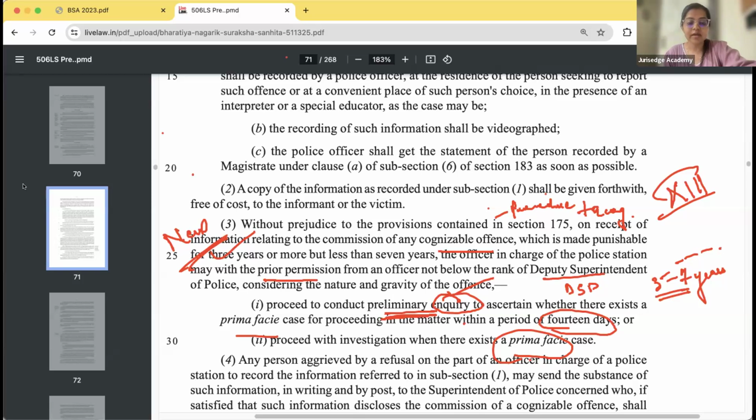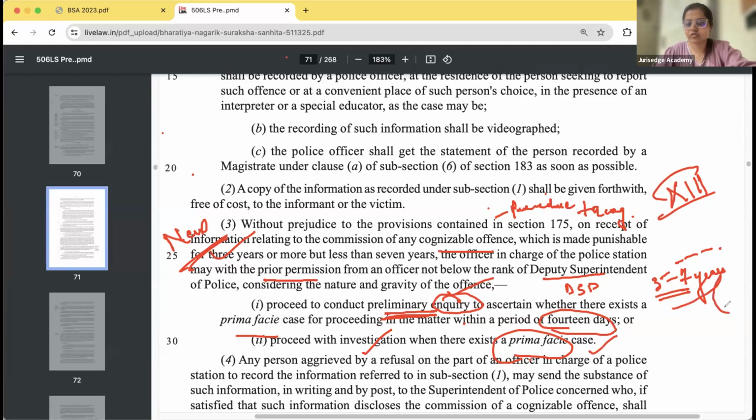So now they have made this provision that between 3 to 7 years, the police can seek the permission of the deputy superintendent of police. That means above the police officer in the police station, there is DSP. The police can take his superior's permission so that he can conduct a preliminary inquiry to see whether there is a case or not within 14 days, or he can proceed with the investigation where there exists a prima facie case.